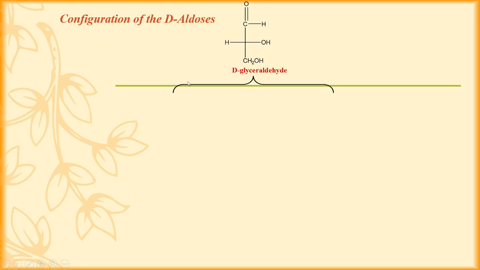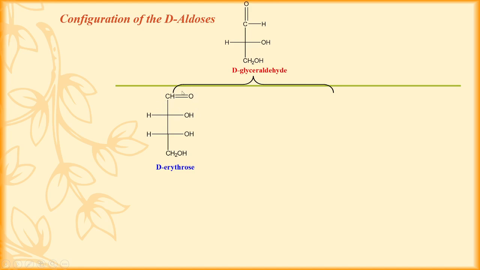While writing the first molecule of this tetrose sugar, just add 1 carbon atom after this aldehydic functional group. So you can write here, this is the CHO. Then after this aldehydic group, write 1 chiral carbon that contains the hydrogen and OH group.